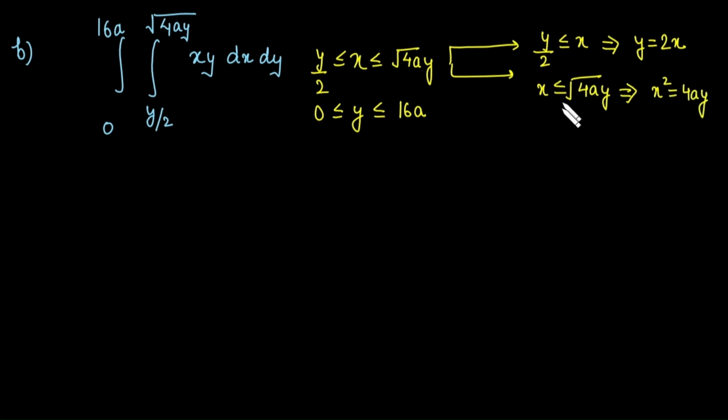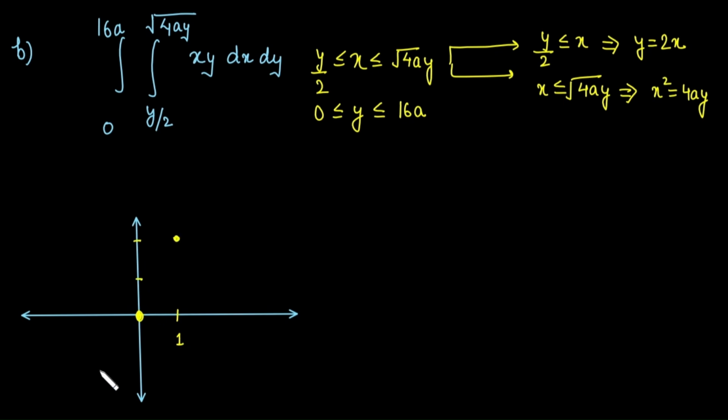So the base curves in these two cases are these. Take y equal to 2x. When x is 0, the value of y is 0. When x is equal to 1, in that case y is equal to 2.